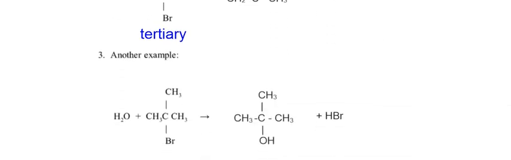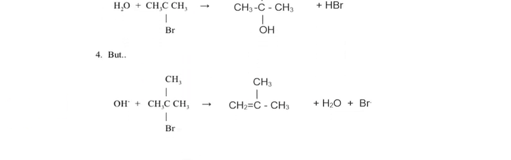Here I have neutral water and a tertiary, again the same as above, but now I have neutral water. I don't make a double bond. The OH comes on, and the second H from the water goes with the bromine. Isn't that odd? And finally, look what happens here.